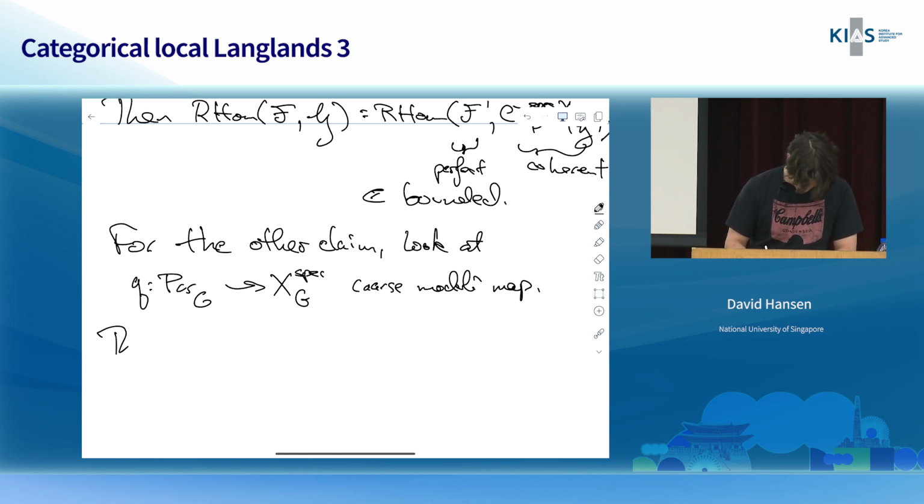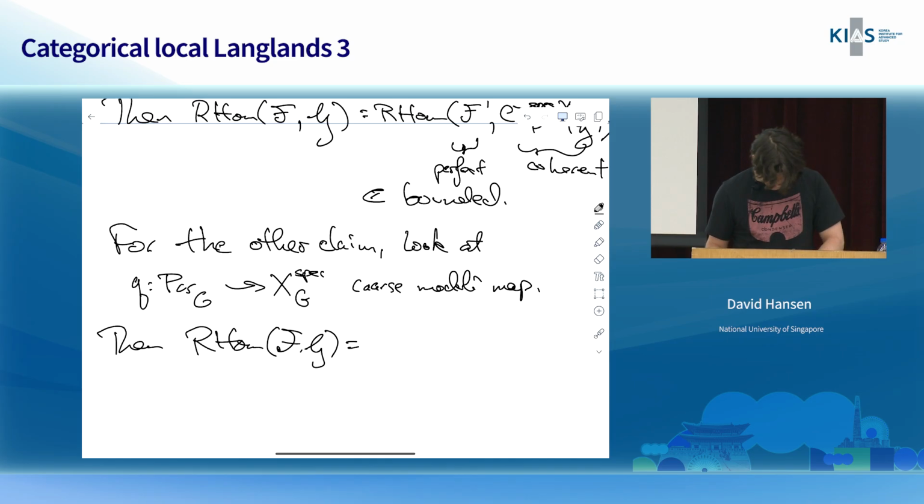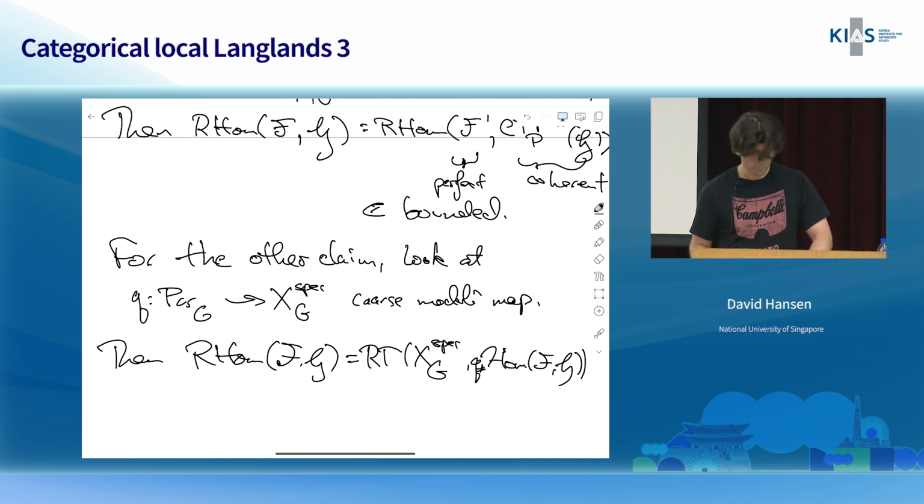And so then, let's think about what this is. So this Hom(F, G). Well, how could I compute this? This is global sections of internal Hom upstairs. I may as well then push that downstairs and take global sections downstairs. So this is RΓ on X_G spec of internal Hom, let's say q lower star, internal Hom(F, G), okay?